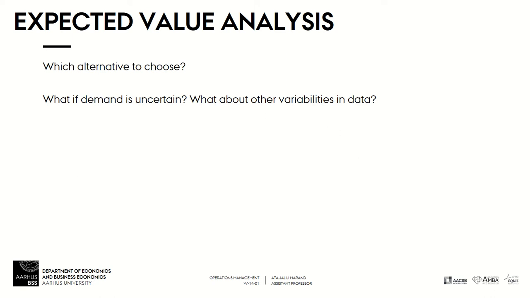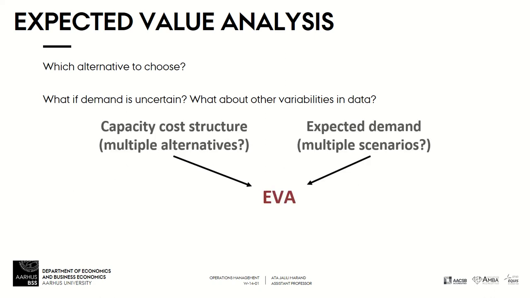And what we do in this expected value analysis is to take into account these uncertainties in the demand. So we have the capacity cost structure for different alternatives, and then we have multiple scenarios for the demand. Let's assume that we have I scenarios for demand in future, and there is a probability associated with each of these scenarios.